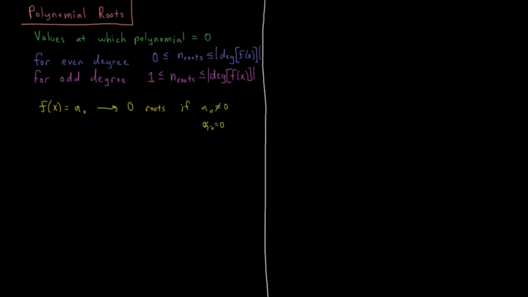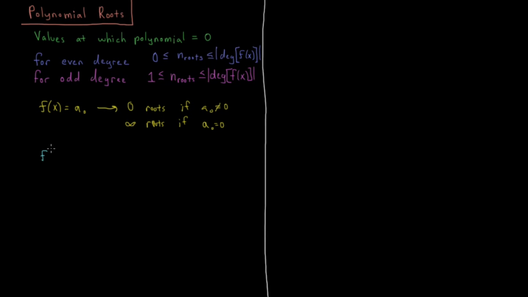So in that case, it's 0 at all real numbers. So every real number is a root, and so there are an infinite number of roots if f of x equals 0. All real numbers are an appropriate solution.